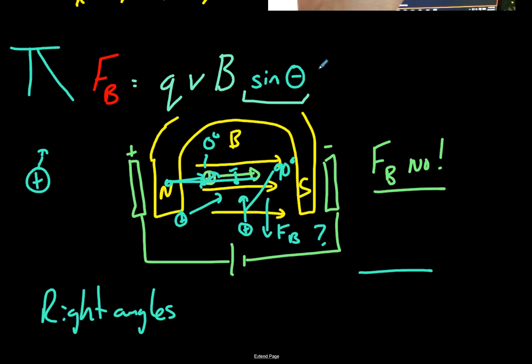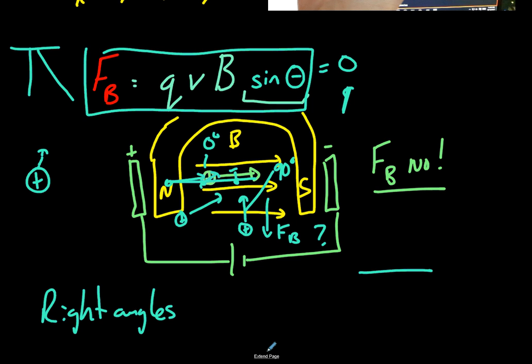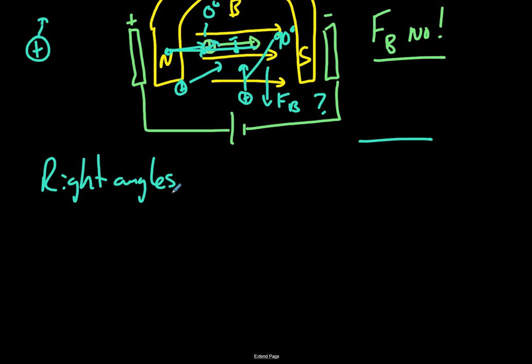The sine of 0 equals 0. The sine of 90 equals 1. So it's like putting a 1 at the end, so you get just QVB if it's acting at 90. But if it's going at 45, you now get QVB sine 45, which is QVB times 0.5, so you get half. So this is the formula that tells you what the size of FB is. Let's try it.